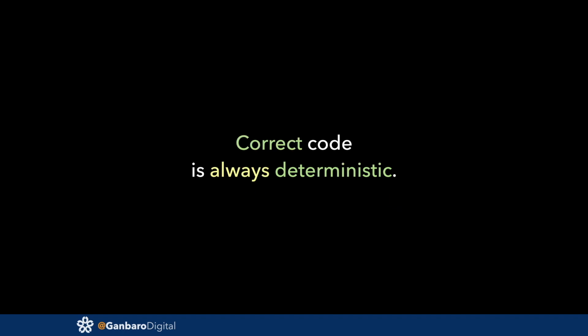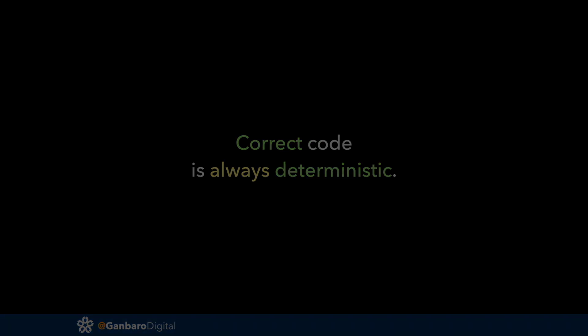And it does mean that correct code has another property. It's always deterministic. And that's a topic for another talk as well. So that concludes part 2 of our talk on how to use stricter types.